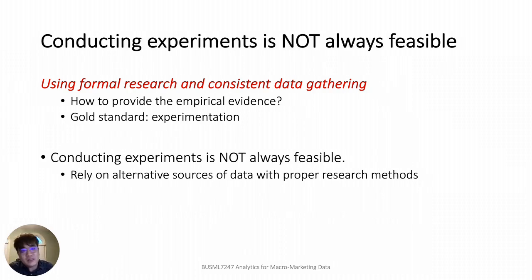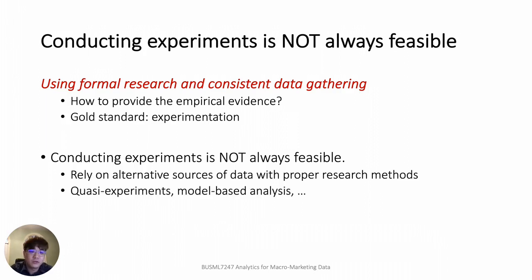However, conducting experiments is not always feasible. To obtain reasonable predictions, a sufficient number of sample customers are required, especially for the control group, which usually incurs lots of costs of money and time. If that's the case, researchers rely on alternative sources of data where they can draw the predictions with proper research methods.